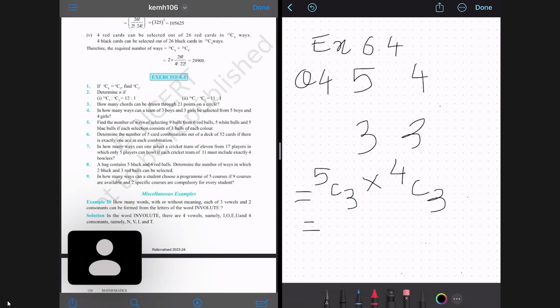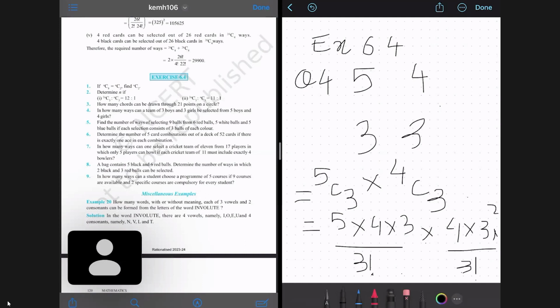So these are very straightforward questions. You just need to do what is asked of you in the question, and there you'll have your solution. So 5C3 is nothing but 5 into 4 into 3 upon 3 factorial, and 4C3 is nothing but 4 into 3 into 2 upon 3 factorial. 3 factorial is nothing but 6, and when you cancel this out, 5C3 is nothing but 10, and 4C3 is nothing but 4.